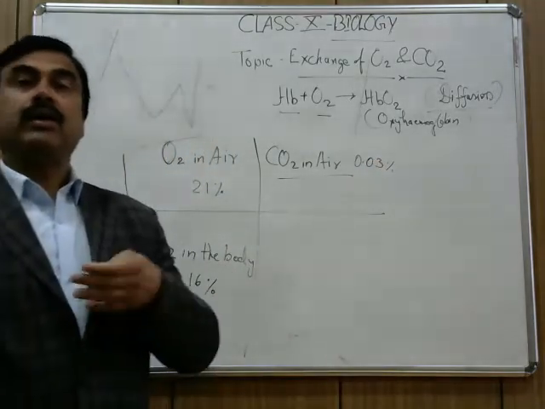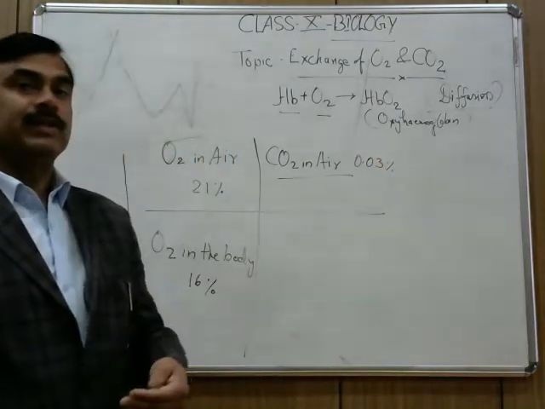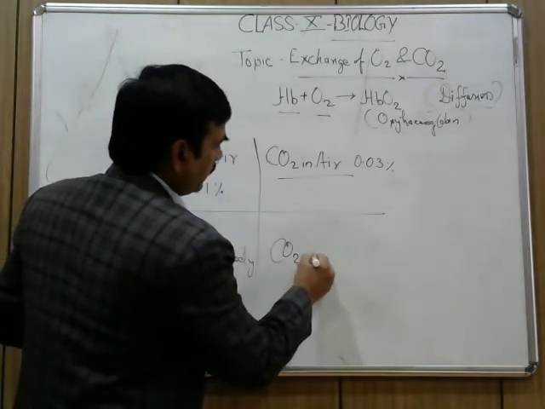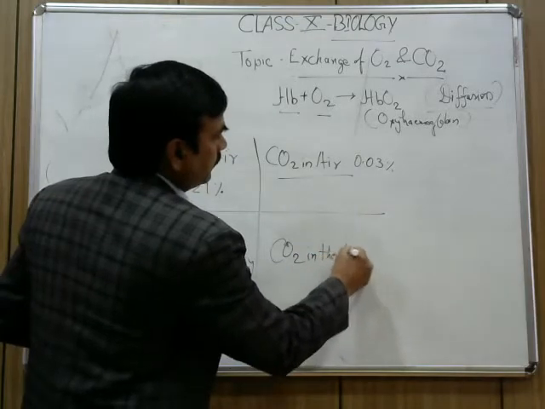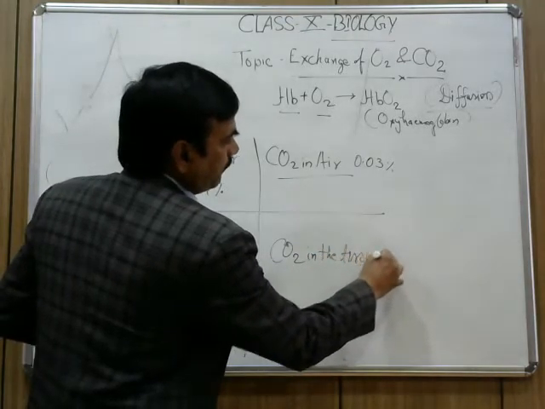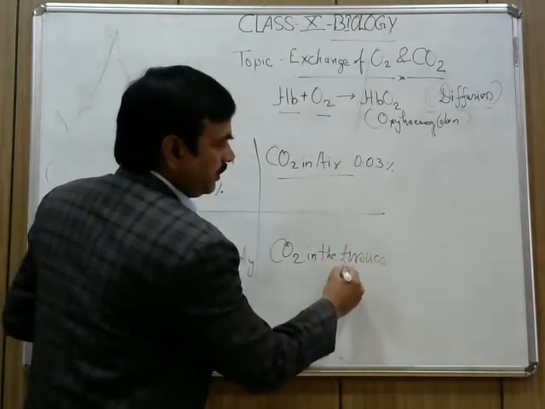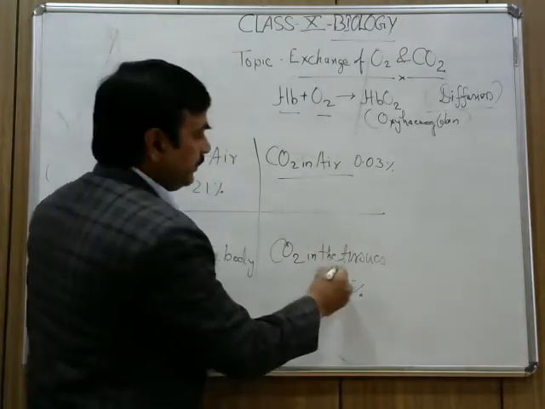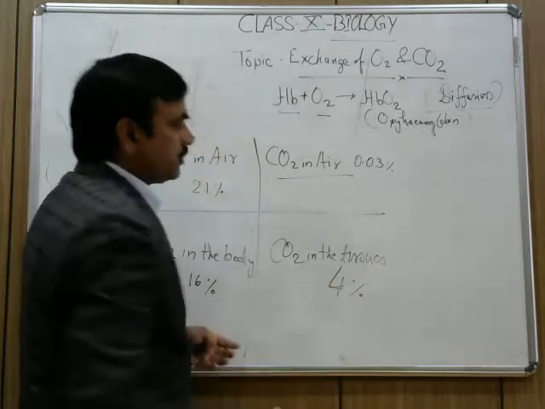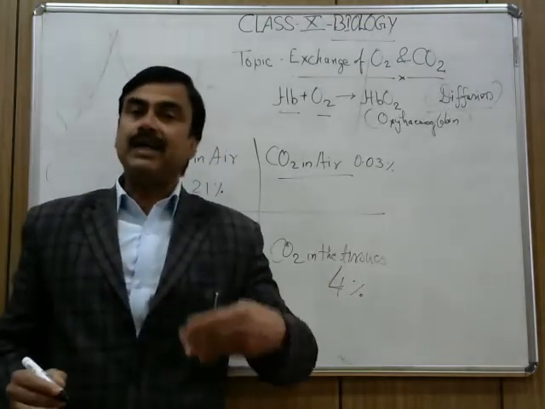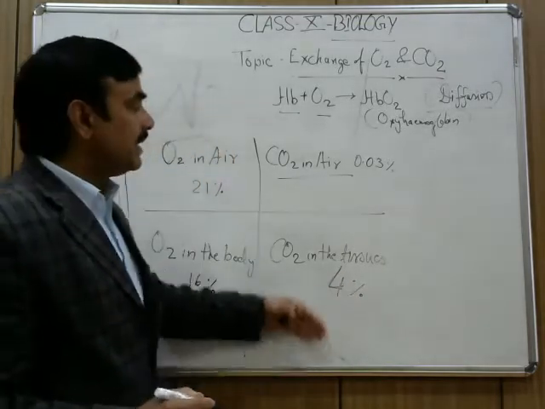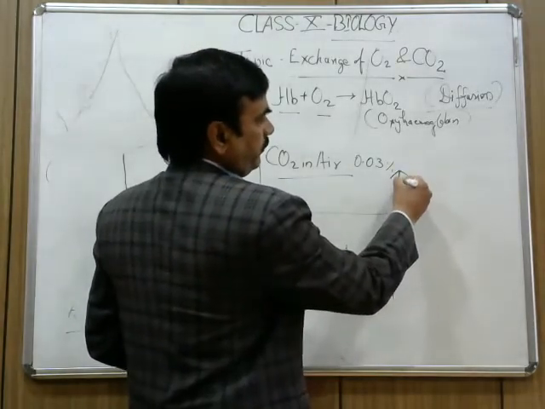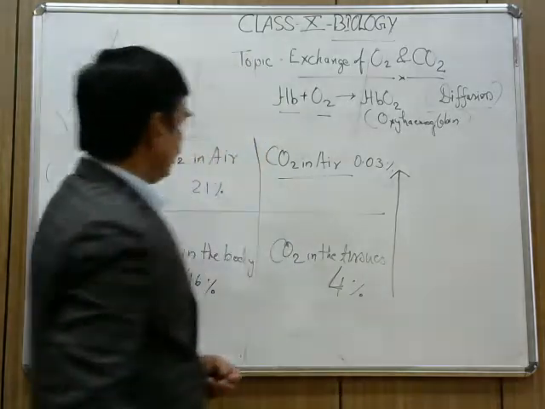But CO2 in the tissues, in the body, is 4%. So it will automatically move from inside to outside. Now look at this arrow.